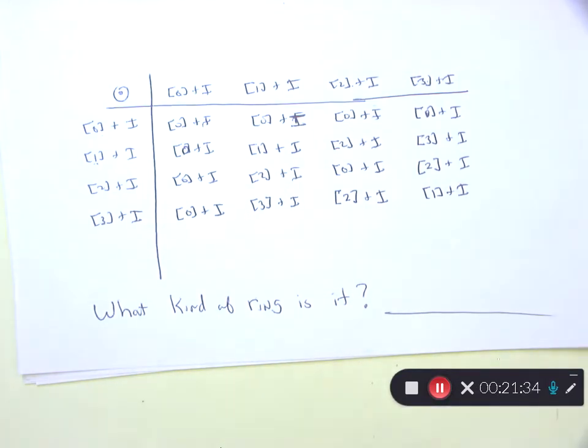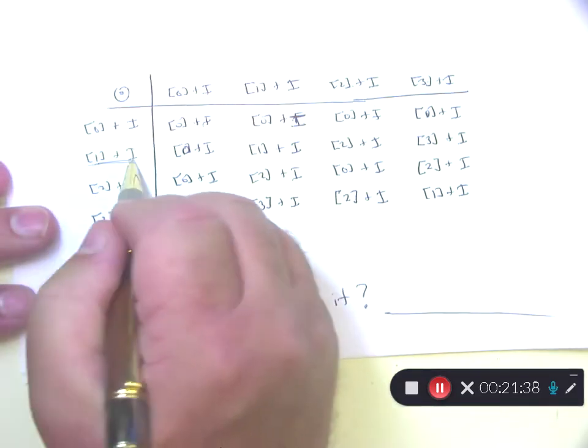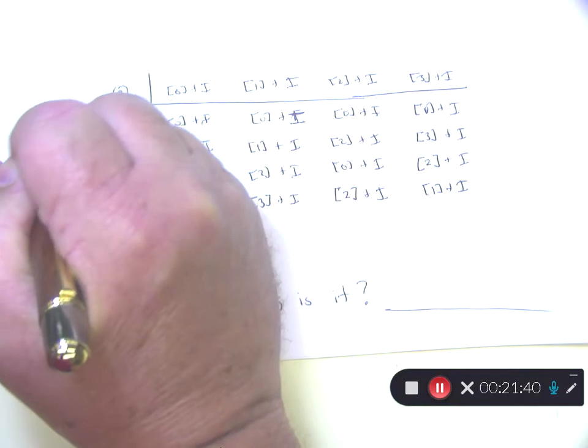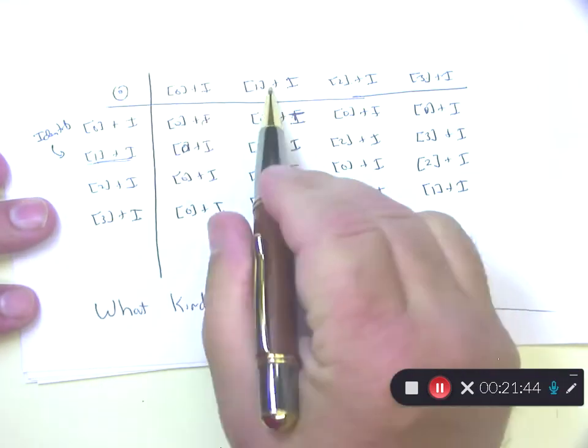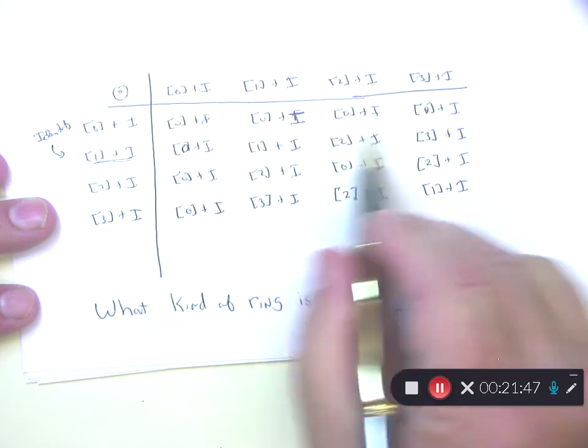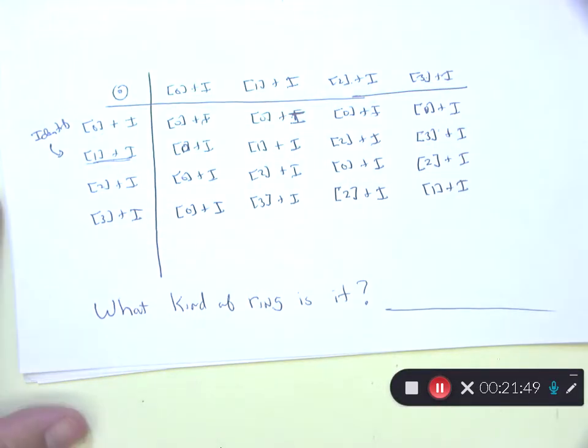So, what kind of ring is it? Well, first off, we have an identity. 1 plus I is the identity because 1 plus I times any one of these elements gives me any one of those elements right back again. So we definitely have an identity here.